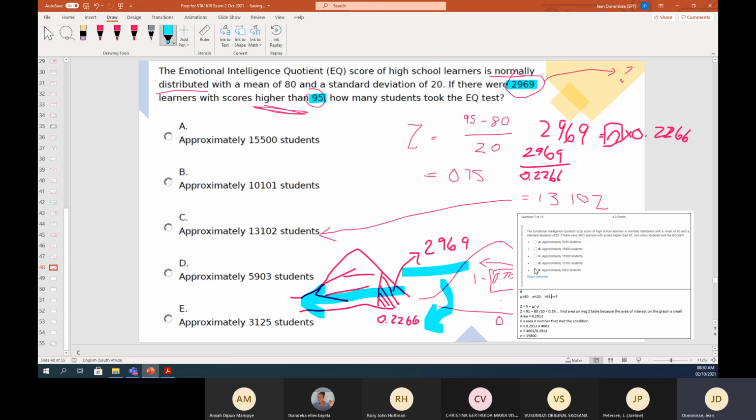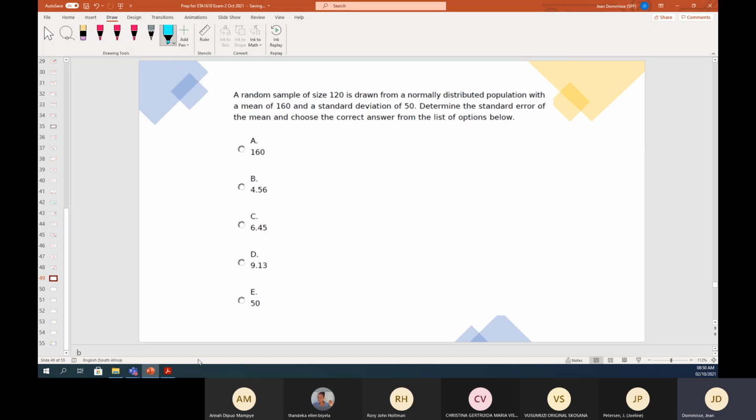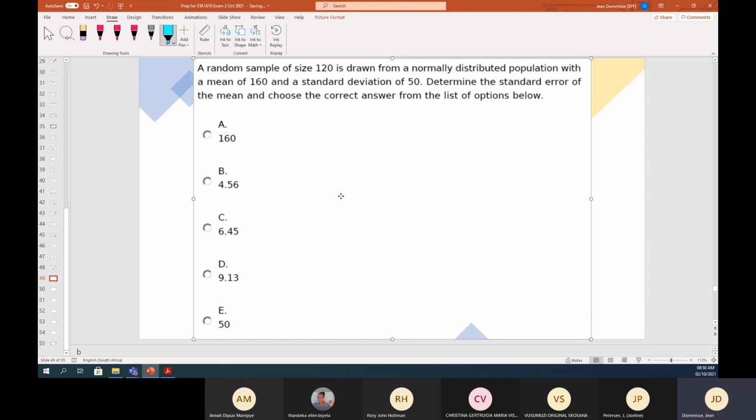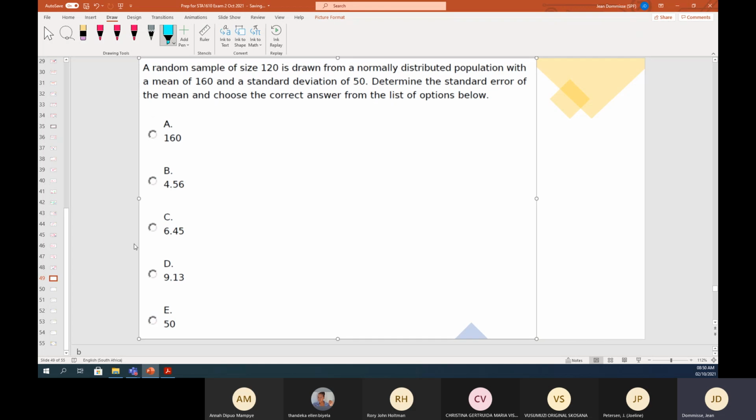I haven't seen a question like that previously in an exam or in an assignment. That was the first time I've seen them actually ask you to work out N. I've seen a lot where they give you a probability, and from the probability you need to work to get to the x, but it was the first time that I see that they ask you to work out the n.